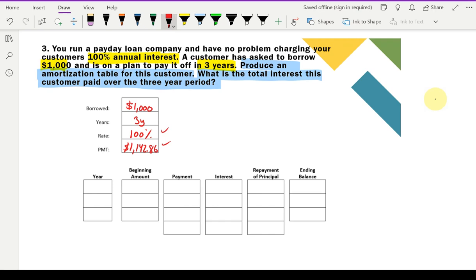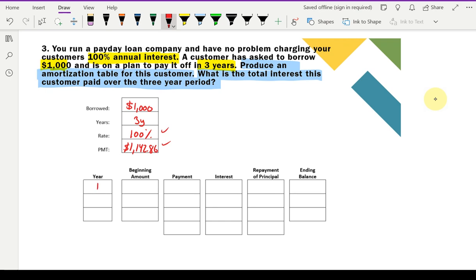And I'll just be honest, some of these loan places, the way they do this is they say we charge 8% per month, right? So 8 times 12, now you're looking at 96%. So this question is not that unrealistic.